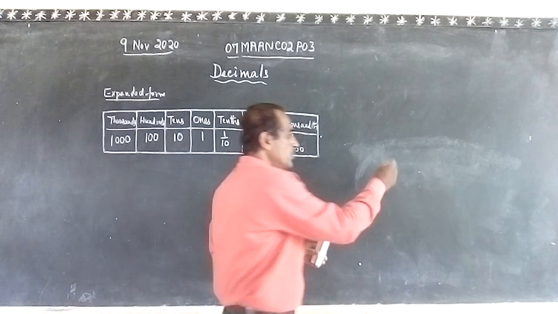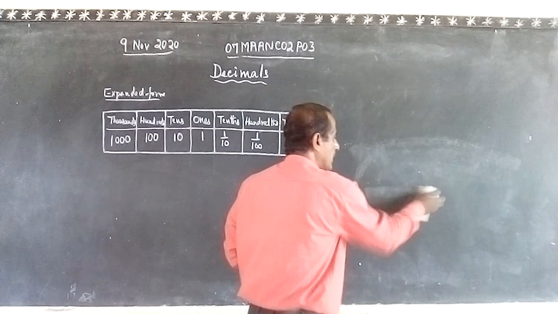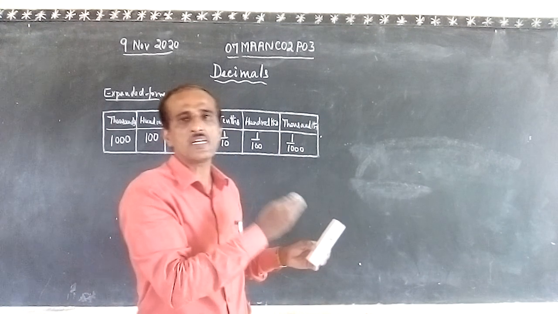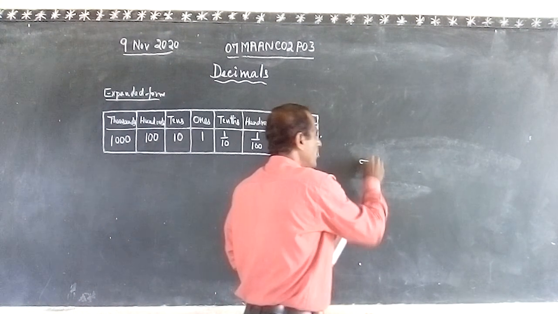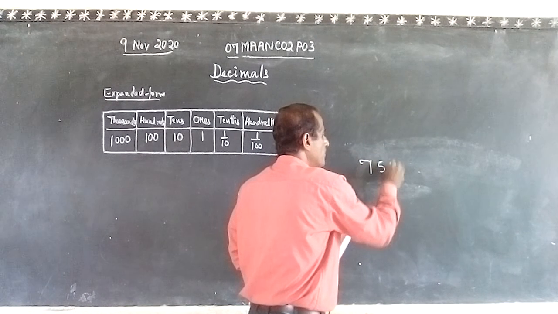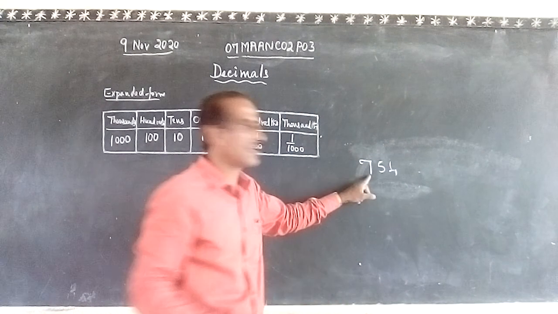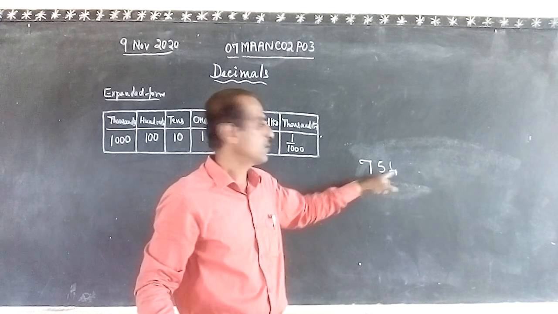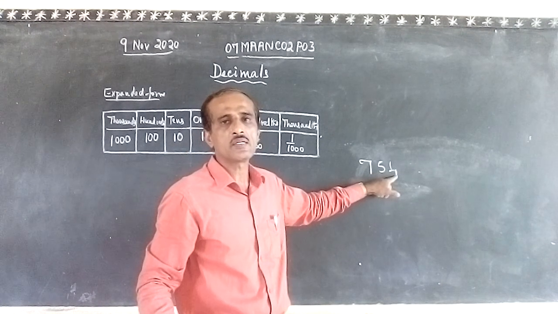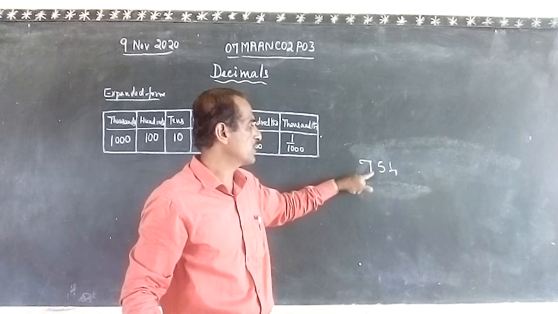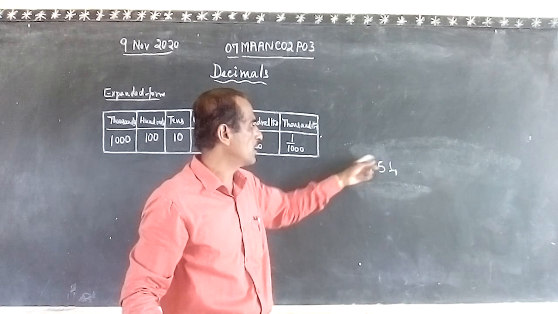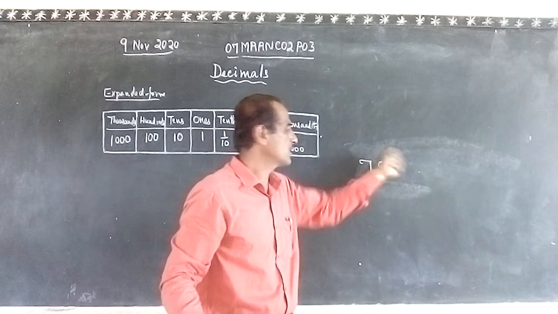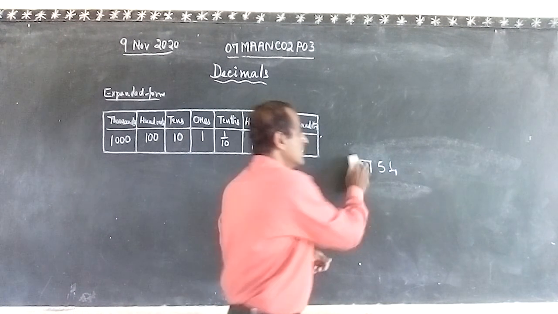If you represent the numbers on the number line, if you come to the left, the value increases. See here, the value increases. In 754, the value is 700, then 50, and 4 is only 4 into 1, because the place of the left side is greater than its right side place.